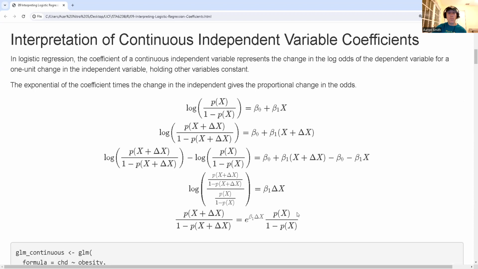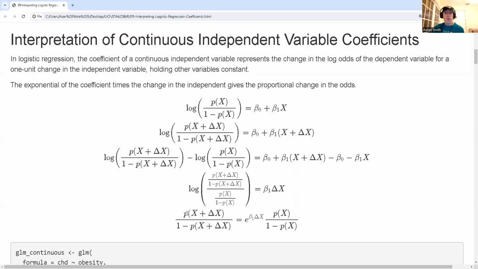I'm going to take e to the power of both sides, and that's going to give me the fraction on the left-hand side, and I'm going to multiply both sides by the denominator of the bigger fraction. So now I can see that if I have the odds and I change x by this amount, I'm going to be changing the odds multiplicatively by e to the power of beta times delta x.